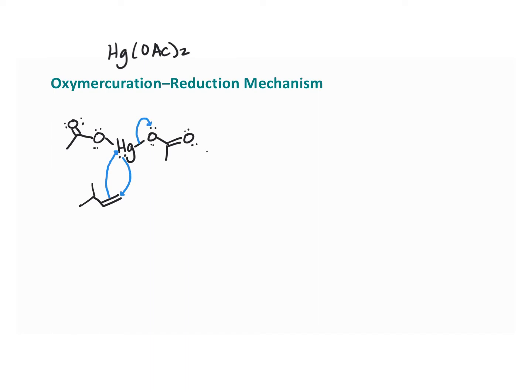Okay, now, this is an electrophilic addition step. Okay. And what happens is that we form a ring with mercury. So when we look at this, the complex looks like that. And the mercury has a positive charge on it.